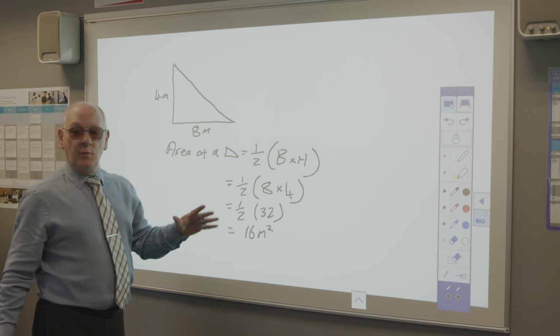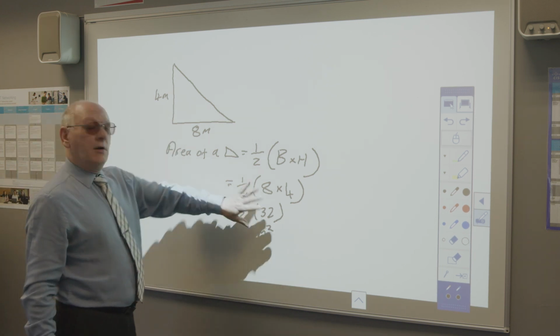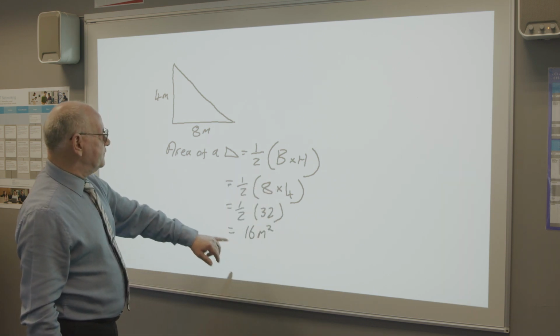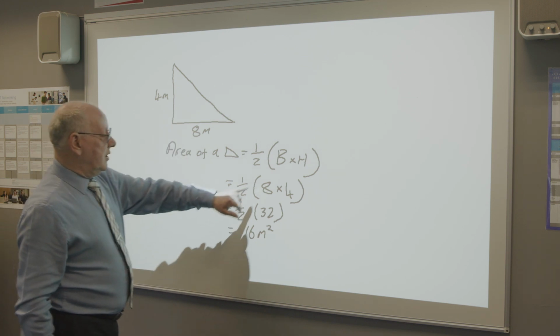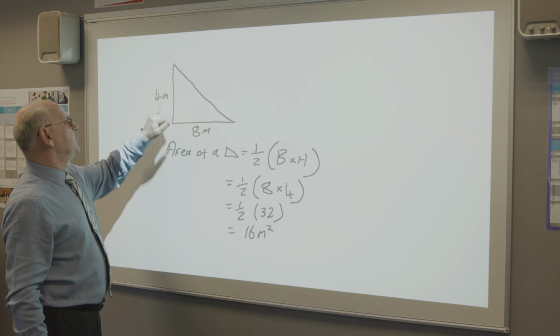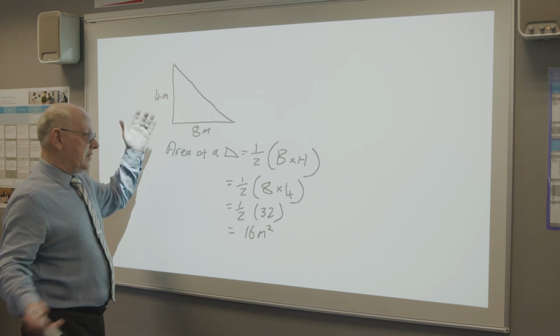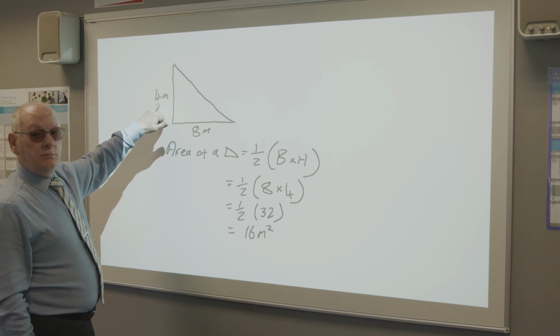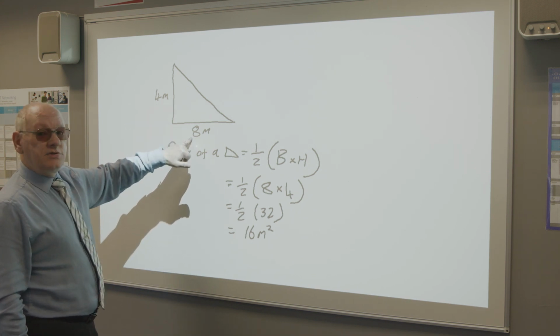Now, there are several ways of doing this. You can do it the way I've done it, work out the whole thing first and then just halve it. You can do as it actually says, half the base, which is 4, times 4 is 16, so that's okay. Or you can halve the height, 2 times 8 is 16.